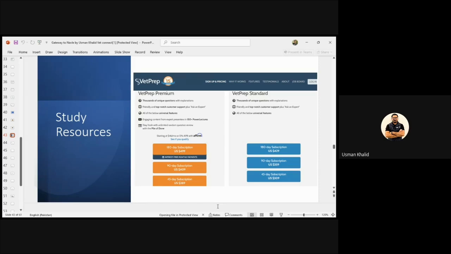Their schools are getting some kind of partnership with VetPrep, so they are given VetPrep at a lower cost, as mentioned here. They are also using VetPrep to pass their different exams as well.